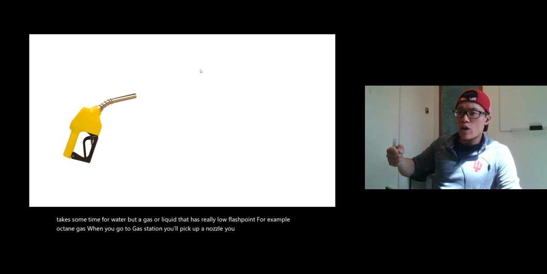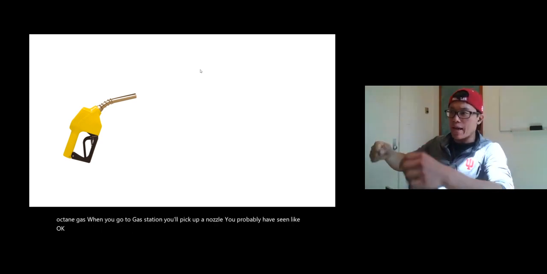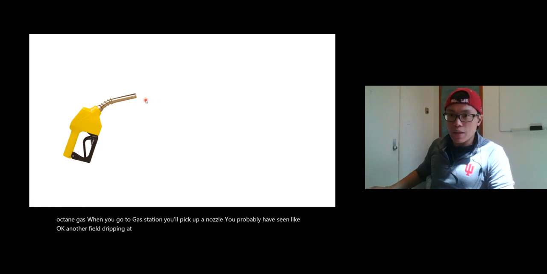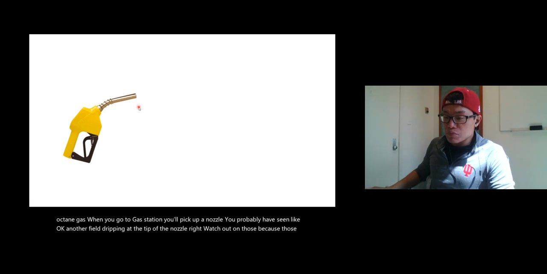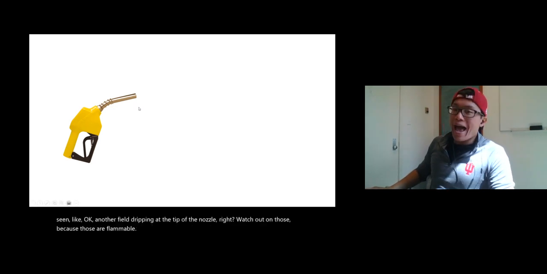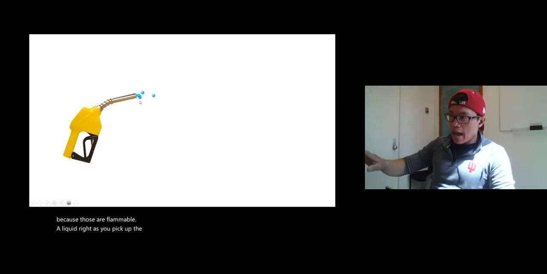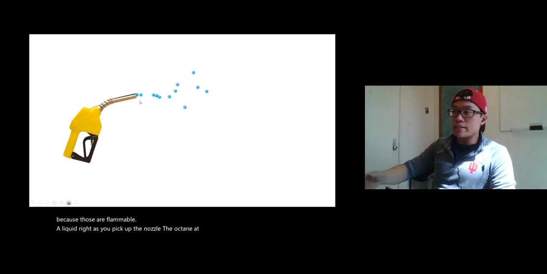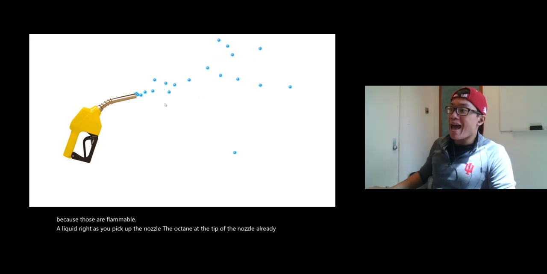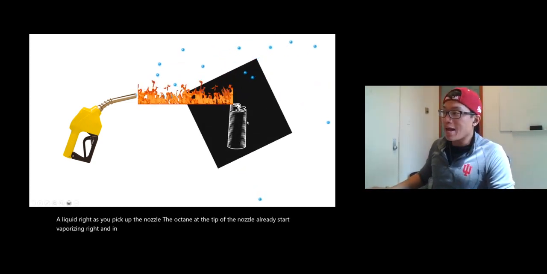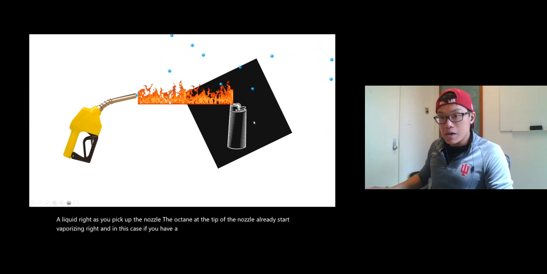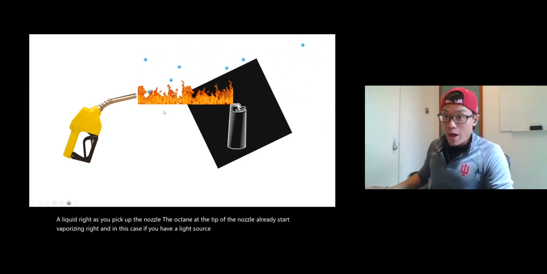You probably have seen octane or the fuel dripping at the tip of the nozzle, right? Watch out on those, because those are flammable liquid, right? As you pick up the nozzle, the octane at the tip of the nozzle already starts vaporizing, right? And in this case, if you have a light source nearby, the whole thing will catch on fire.